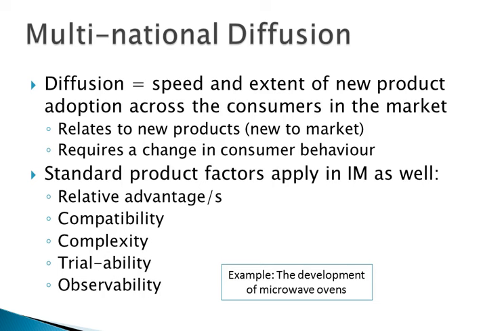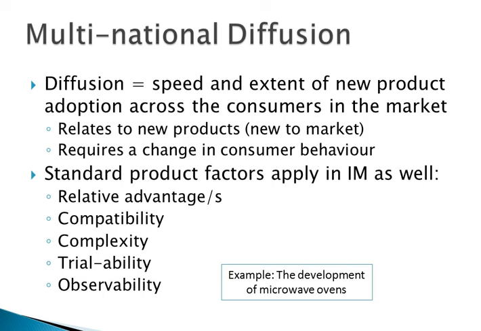Microwave ovens were first commercialized in the United States in the mid-1960s. However, it wasn't until the early 80s, so we're talking 15 to 20 years, before there was any significant take-up of that technology, and there was a significant reluctance to accept it, embrace it, etc.